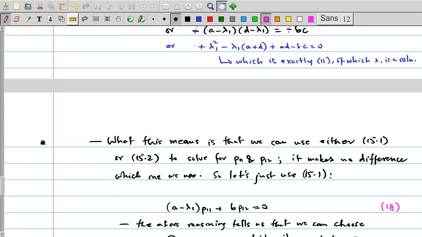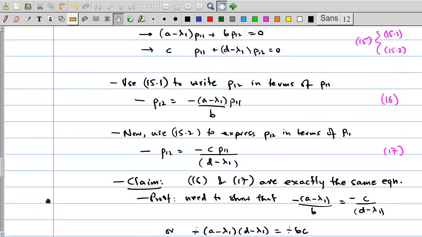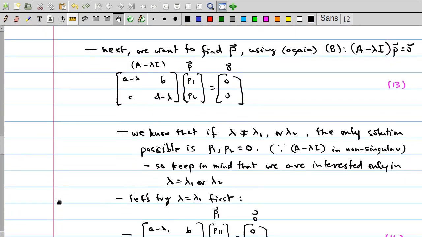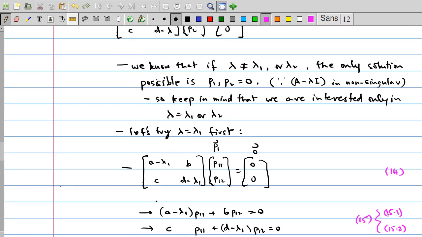Now let's see, we have to go back to this. Let's try lambda equals lambda 1 first.